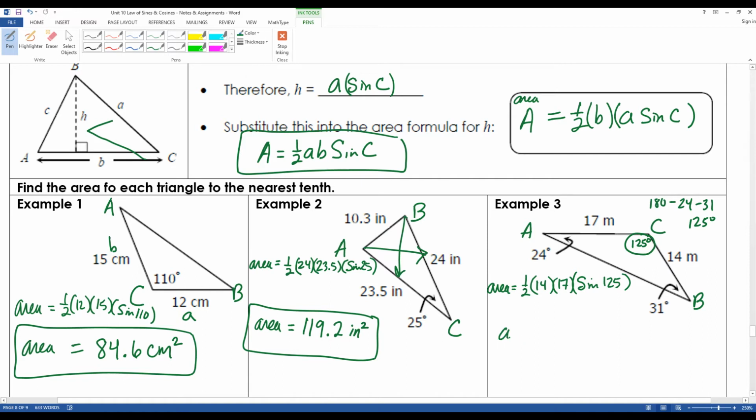So now the area, after I calculate that out, sine of 125 times 17 times 14, and I'm going to go times 0.5, which is 1/2, I get 97.5, and this is meters squared because we are in area. Okay.